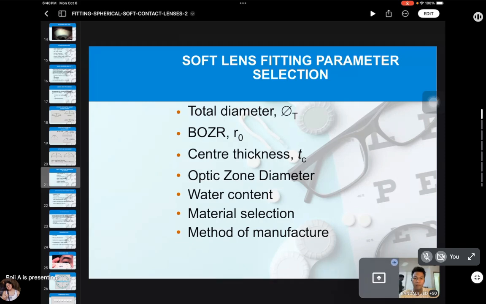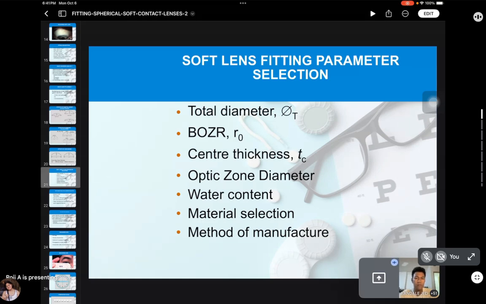So when it comes to the parameters, there are things that you have to understand. The total diameter, the lens diameter, or the overall diameter is essential. The BOZR, or back optic zone radius, also known as your base curve. The center thickness is also essential: the higher the power, the thicker the lens.